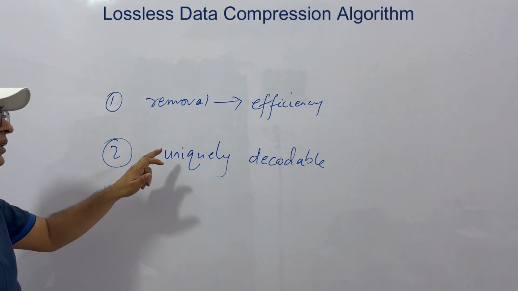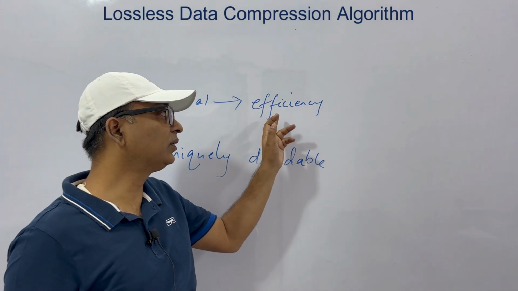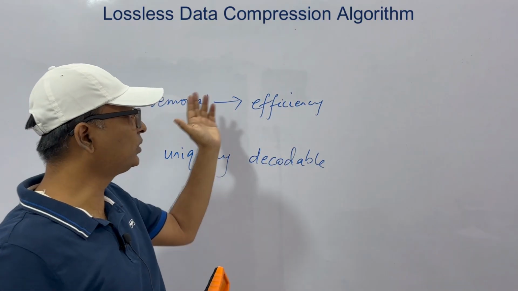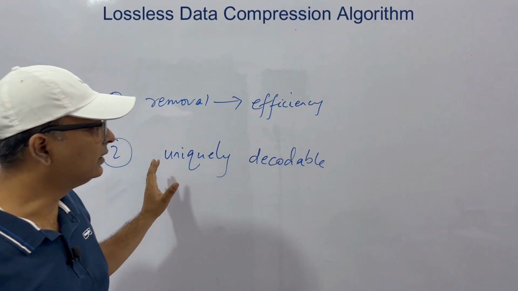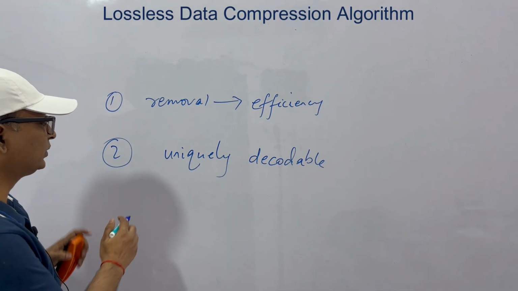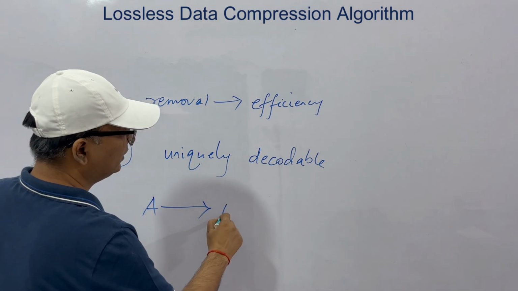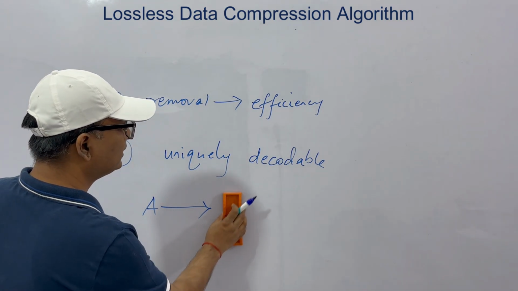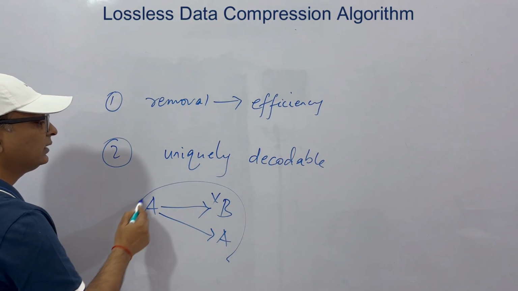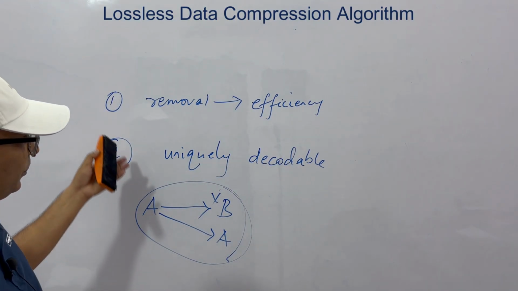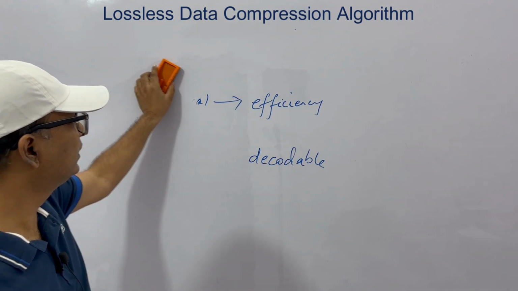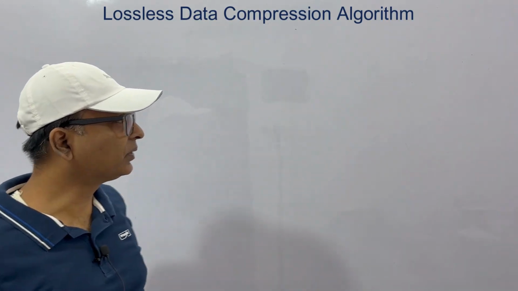First, you have to remove redundant data so that your average number of bits per symbol is efficient. Second, whatever encoding you do should be uniquely decodable. That is, if you send A from the transmitter, you should receive A only, not B. Keeping these two objectives in mind, we will learn about lossless data compression algorithms.